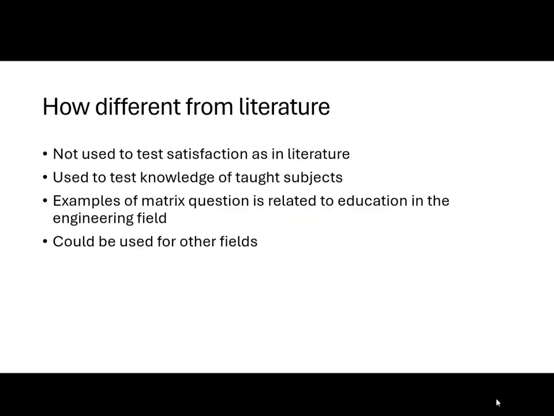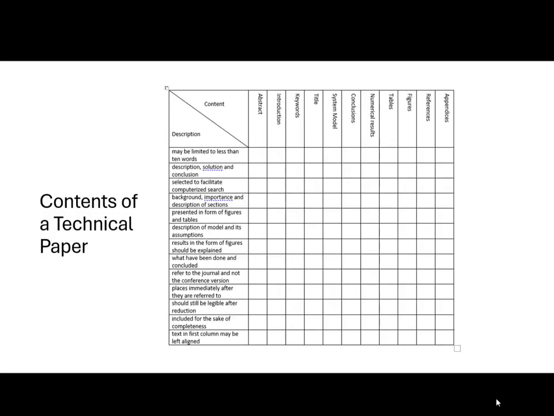Dr. Aly's matrix is not used to test satisfaction as in literature, but it is used to test knowledge of taught subjects. Examples of matrix questions is related to education in the engineering field because of my profession as a professor at the Faculty of Engineering, but the same concept can be used for other fields. We give some examples with solution here.